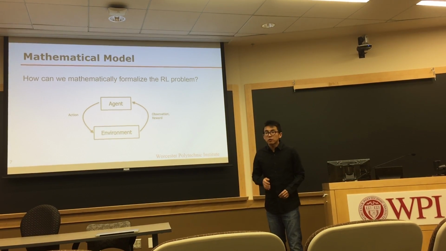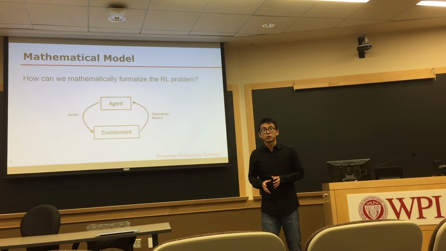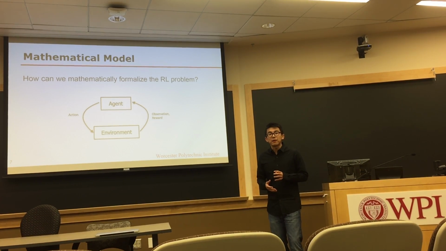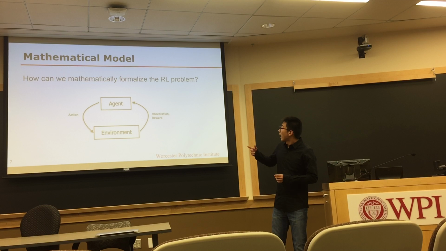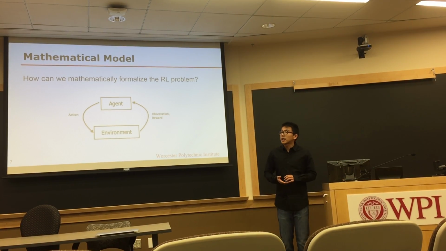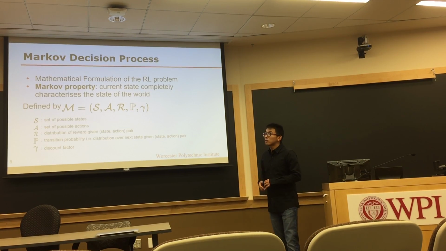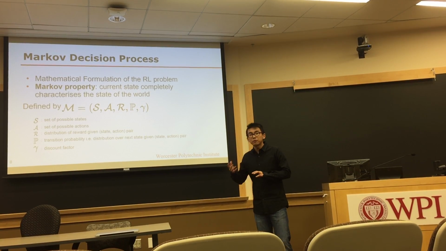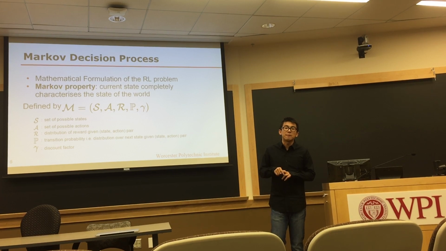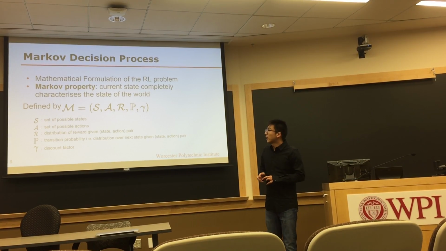For reinforcement learning, you can use a mathematical model to describe the problem. We are going to use a model called a Markov decision process, which is a mathematical formulation for the reinforcement learning problem.